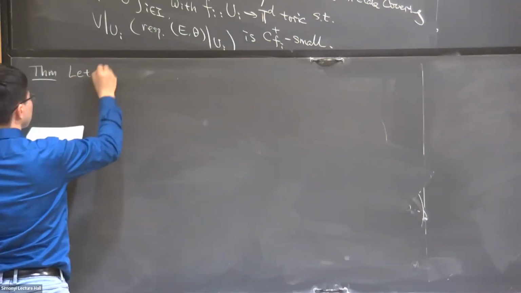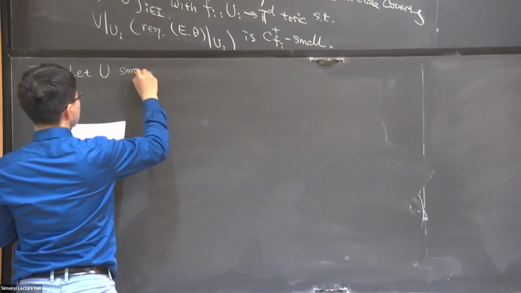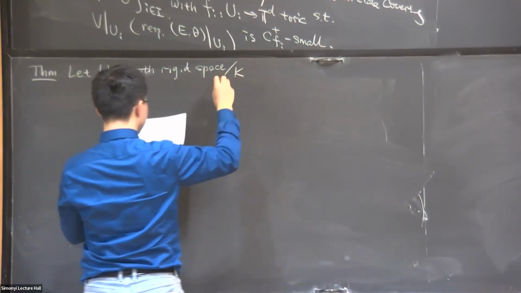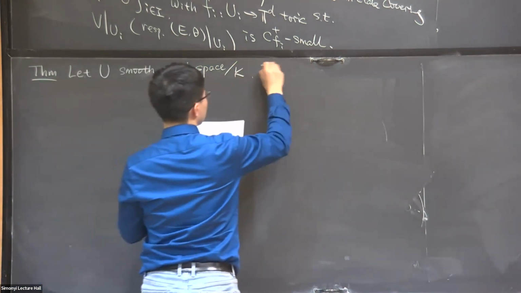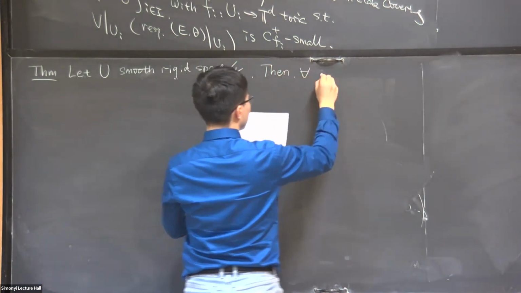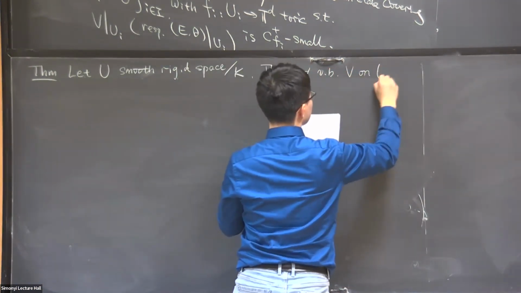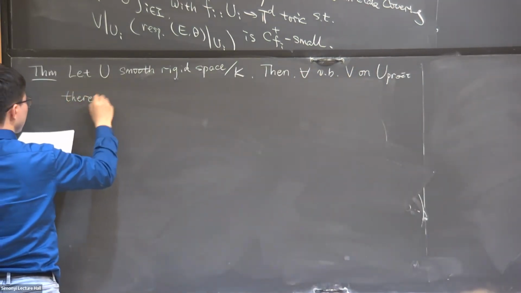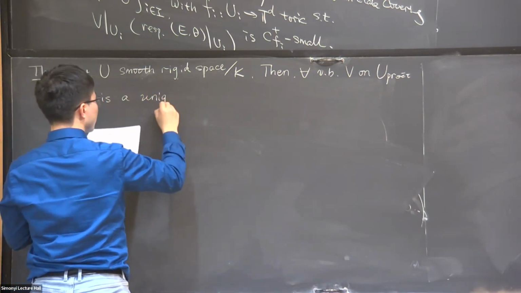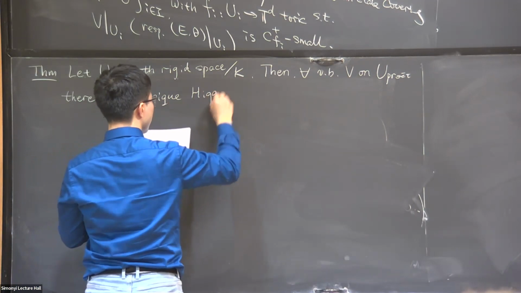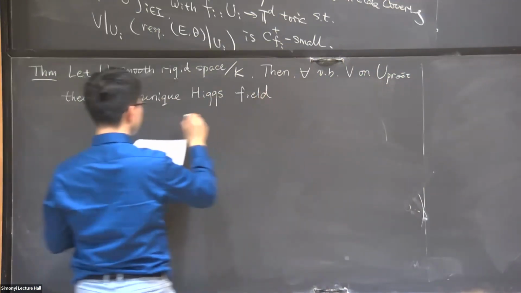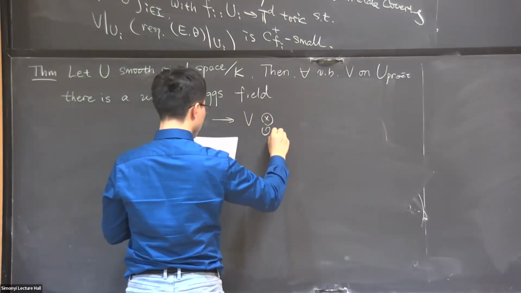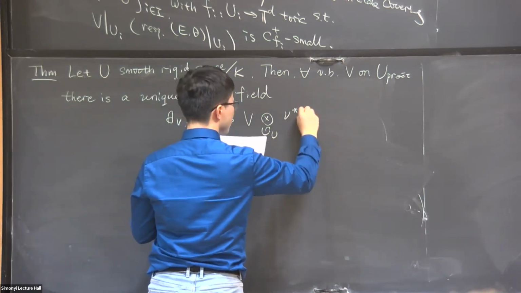So let U be a smooth rigid space over K. Then for any vector bundle V on U pro-étale, there is a unique, canonical Higgs field theta V from V to V tensor Omega U, where you pull back this differential.